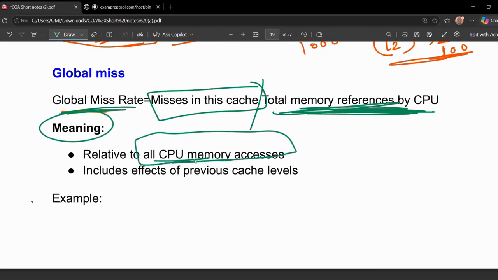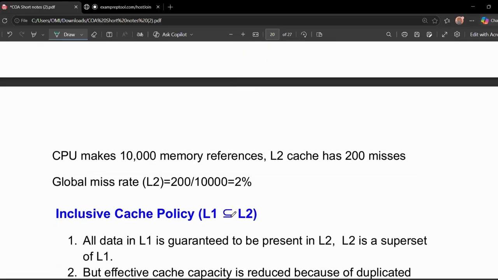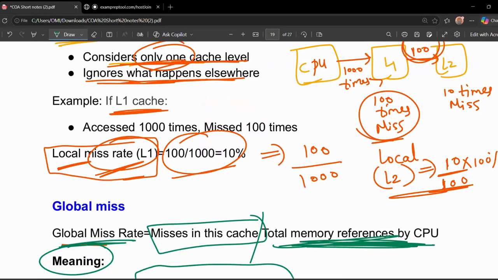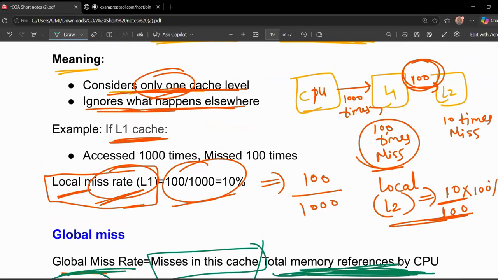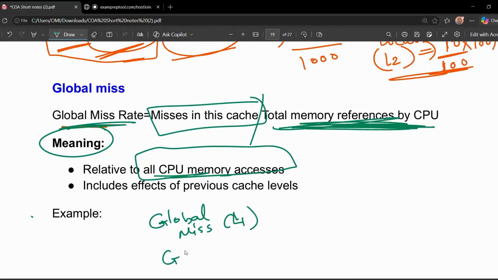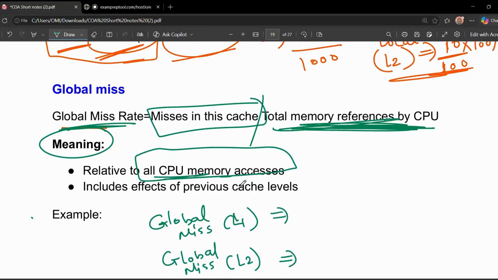See this, the same scenario. What is the global miss rate for L1 and what is the global miss rate for L2?